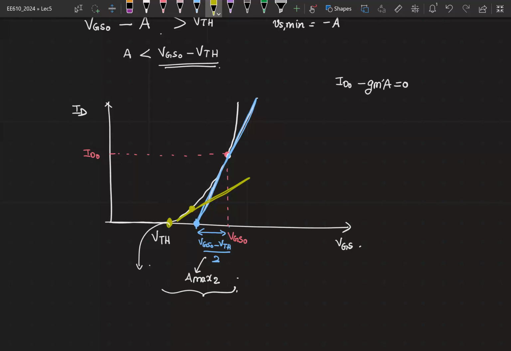Now there is no point in figuring out whether it's because of VGS0 minus VTH by 2 or it is at VTH. By the time your input amplitude has hit VGS0 minus VTH by 2, your amplifier is equivalent to dead. You cannot operate it there anymore. So we use the tighter constraint of VGS0 minus VTH by 2 for finding out the swing limits.